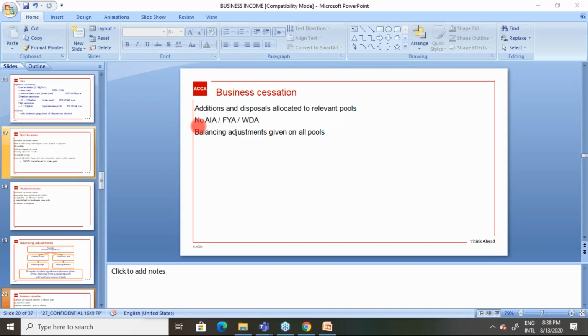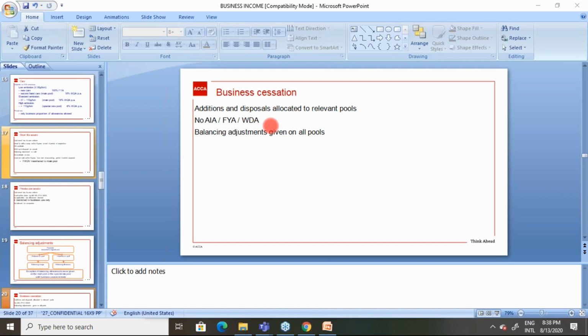If you have decided to cease your trading, and if it is your last period of account, remember, in the last period of account, you cannot claim annual investment allowance, you cannot claim first year allowance, you cannot claim written down allowance.